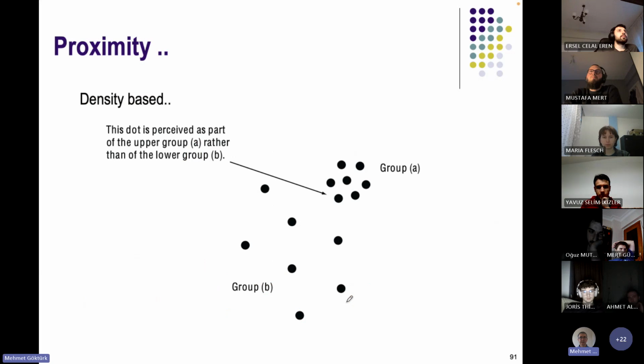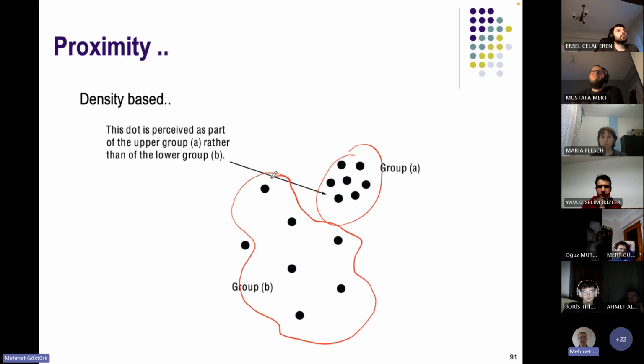Also, closeness based on density. These are perceived as a different group than the others. So, a typical data mining problem. Our brain divides them into 2 different classes, group A and group B. Group A is here, group B is the others.